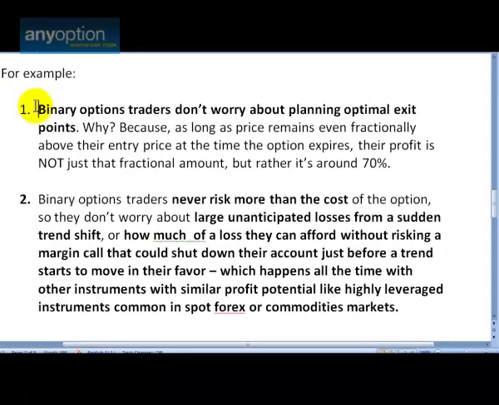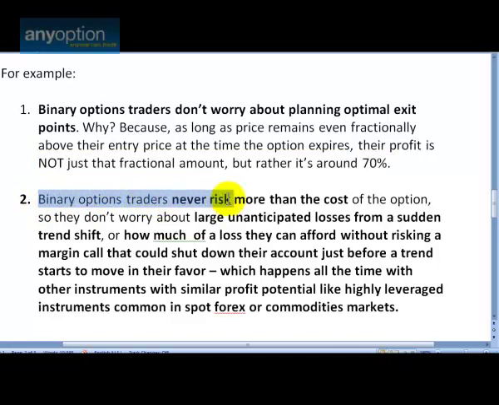For example, binary options traders don't worry about planning optimal exit points. Why? Because as long as price remains even fractionally above their entry price at the time the option expires, then their profit is not just a fractional amount, but rather it's about 70%. They just have to be right. They don't have to be right by a lot.